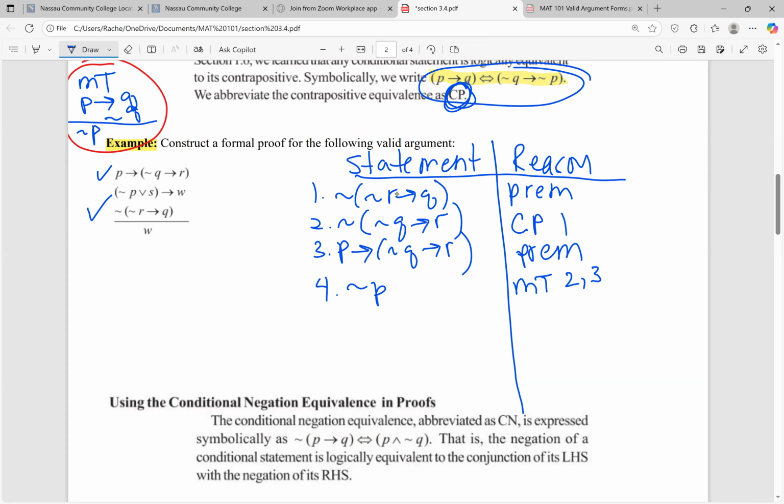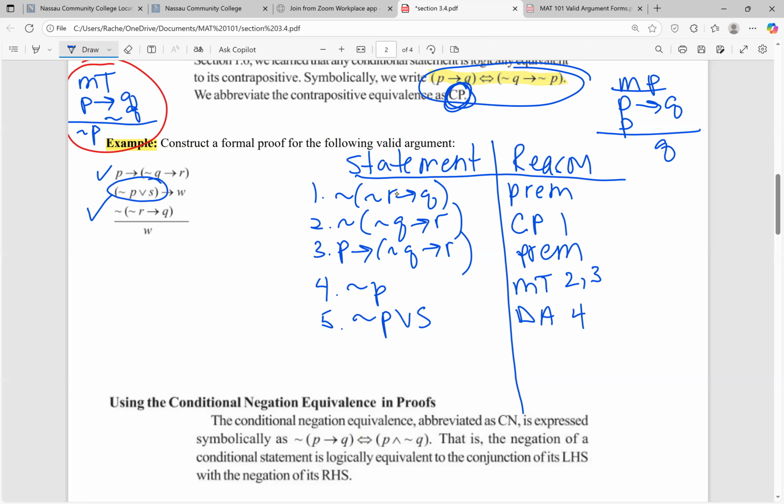Because remember, modus ponens is if we have P implies Q and then P, the result is Q. I have a not P, but it would be nice to have a not P or S, right? But we can do that. So in statement 5, I could say that not P or S is true because of the disjunctive addition, right? We used that in the previous proof.